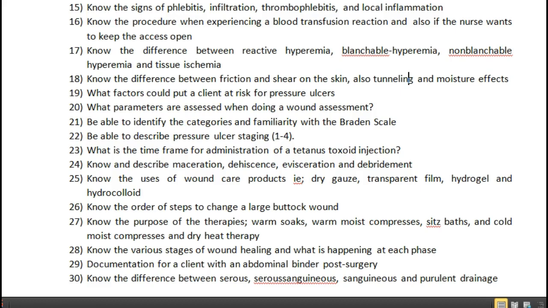So that's shear. Friction is surface damage caused by the skin rubbing against another surface, and that usually results in an abrasion. Friction will result if the patient is dragged across the sheets. Okay, you see what I'm saying? So you're actually getting some type of damage to that area.